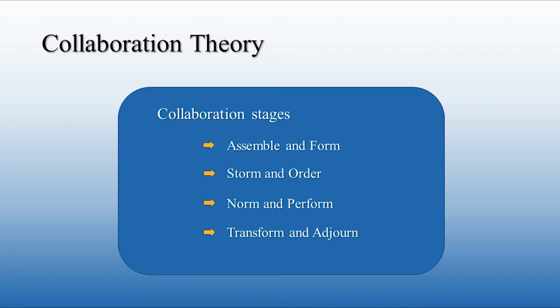Storm and order, where roles and tasks are determined, individual member objectives are assigned, and means of communication and group platform are selected. Norm and perform, where work towards group objectives occurs in a continuous feedback cycle. And transform and adjourn, where final evaluations, assessments, and strategies for the future are discussed.